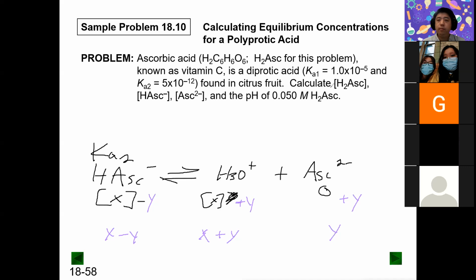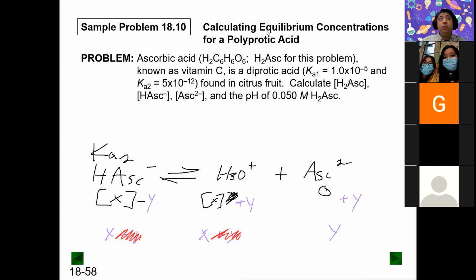That Y is insignificant. We can use the assumption rule. The change in the Y is insignificant. So I can go ahead and cross that out. I can go ahead and cross that out. The only one that does matter is just Y by itself. The change in Y compared to whatever the value of X here was is insignificant.